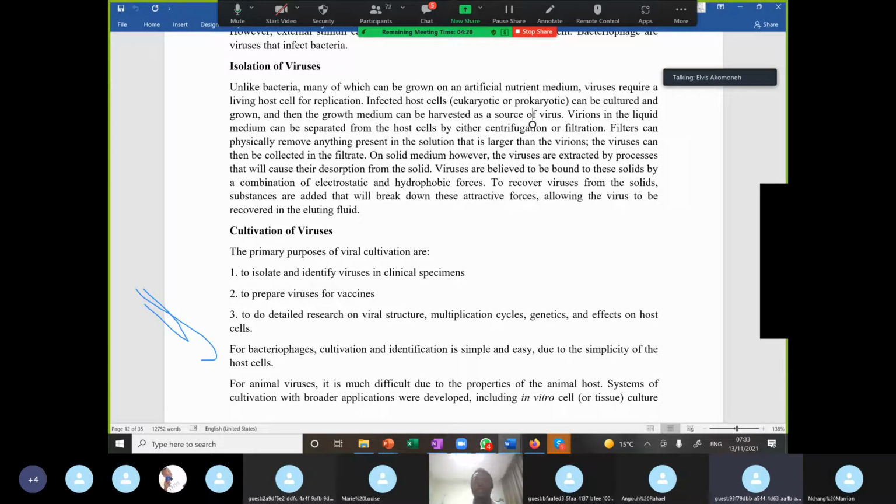Viruses, unlike all other particles, have the means to anchor themselves to surfaces by a combination of hydrophobic and electrostatic forces. So they rely on a combination of hydrophobic and electrostatic forces to anchor themselves onto a substratum.